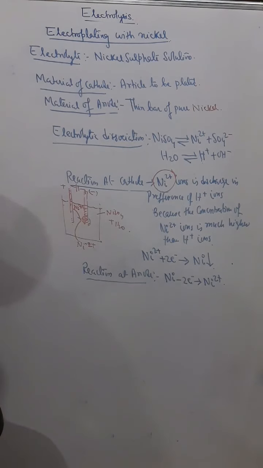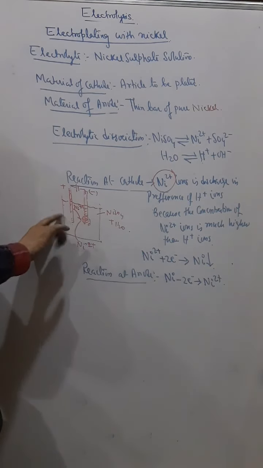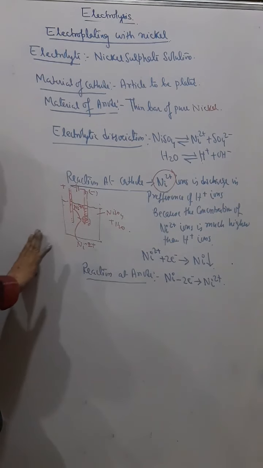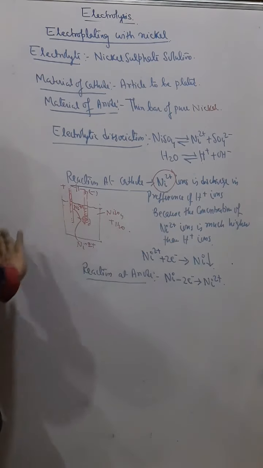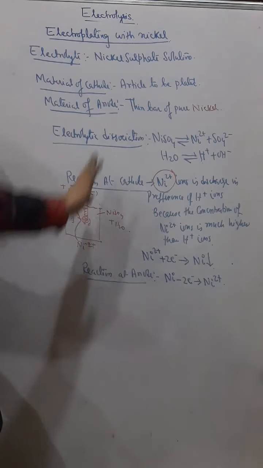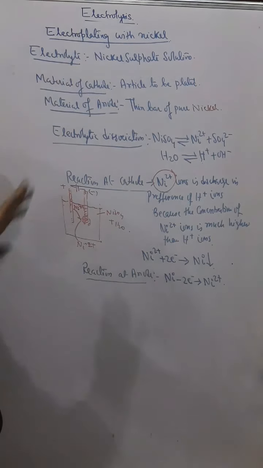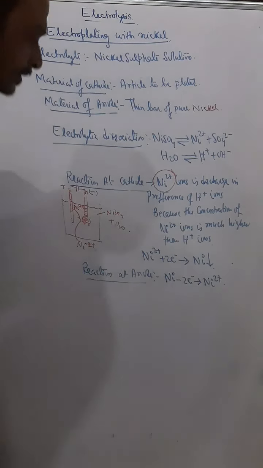We generally use a weak current for a long time, which means the deposition will be very slow and smooth. So these are the conditions for electroplating. Understand?